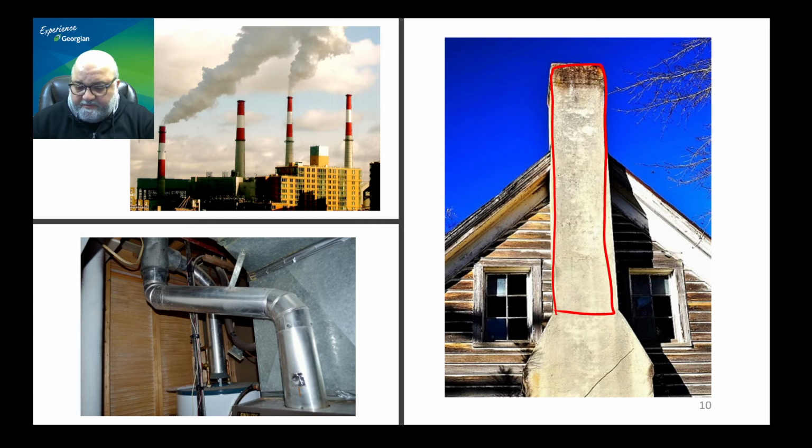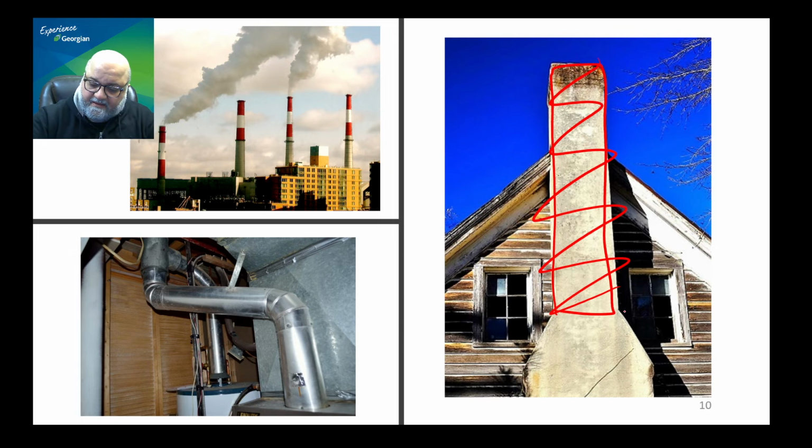So my question would be, why do we need all that? Why don't we just get rid of all that and make an opening here and let the combustion products go out from there, right? It's practical. Maybe you're going to say, no, that looks better. It's easy on the eye.